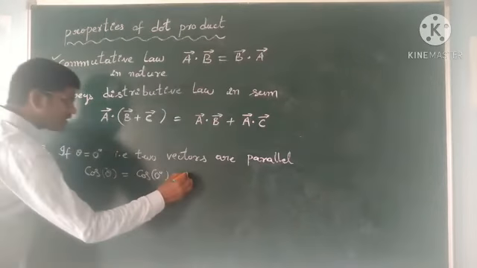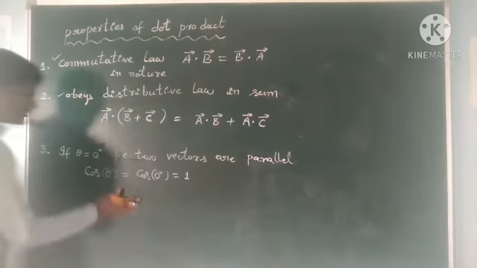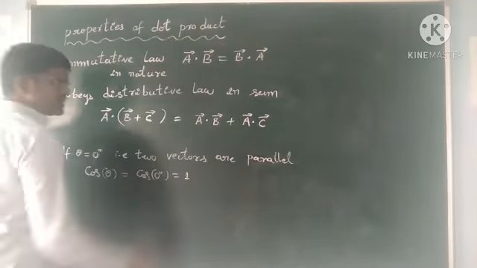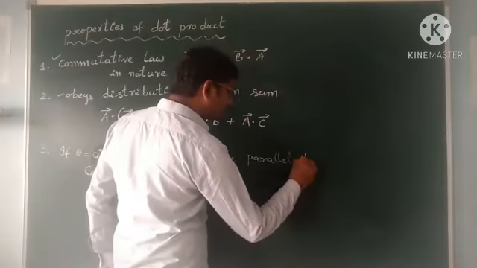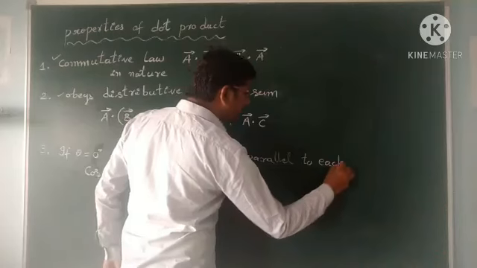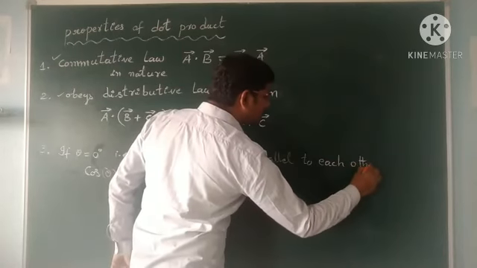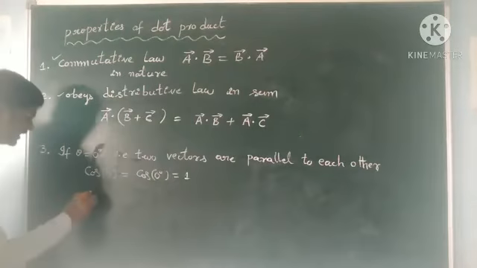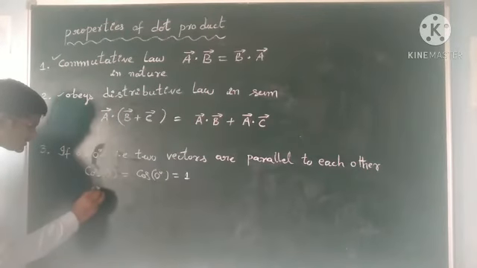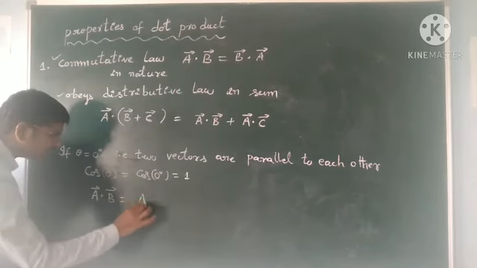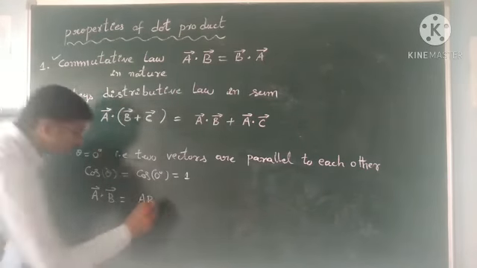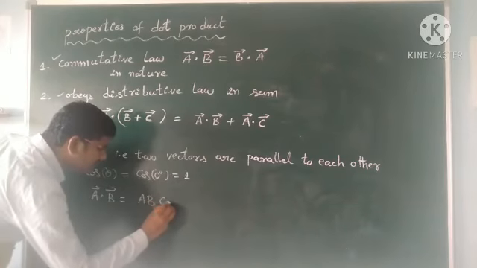So A bar dot B bar is defined as the magnitude of A into the magnitude of B into the cosine of the angle between them.